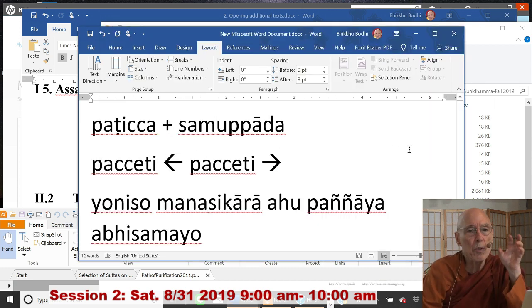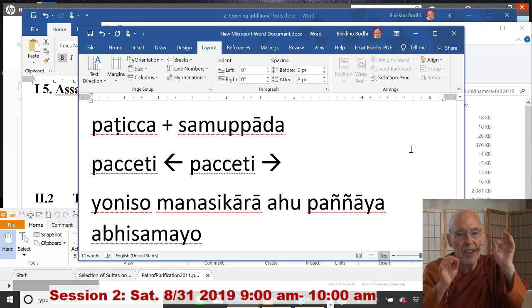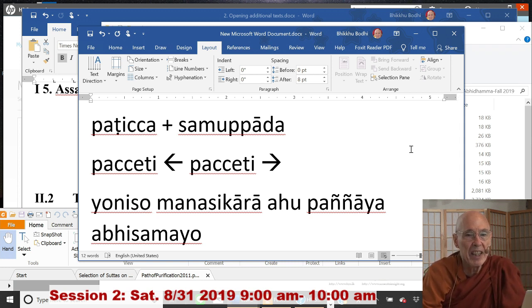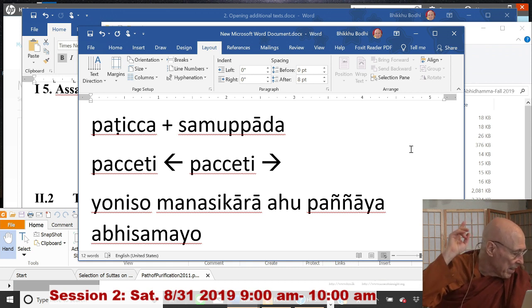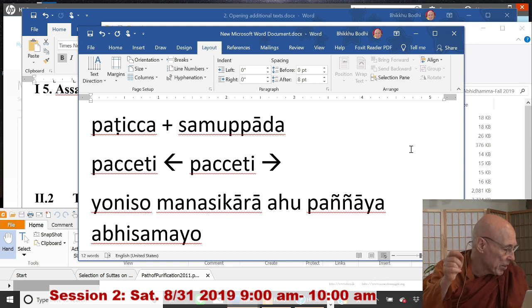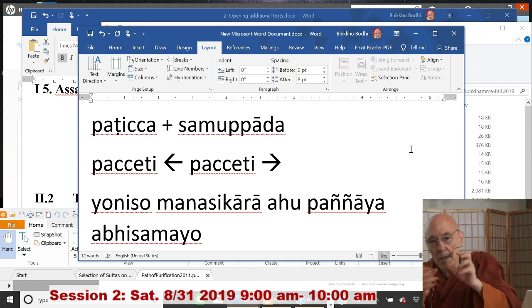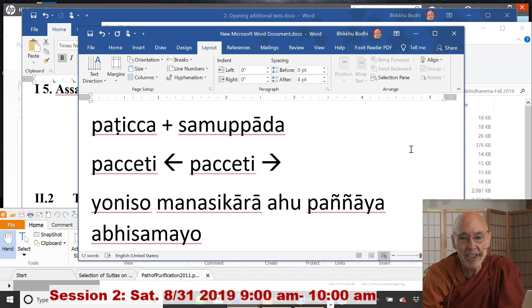And now there are two ways in which we should understand this expression, dependent origination. I call these two ways, first, a structural principle, and then the application of that structural principle to the particular problem that the Buddha's teaching is intended to solve, the problem of dukkha or suffering.